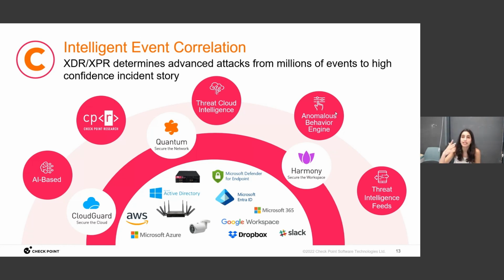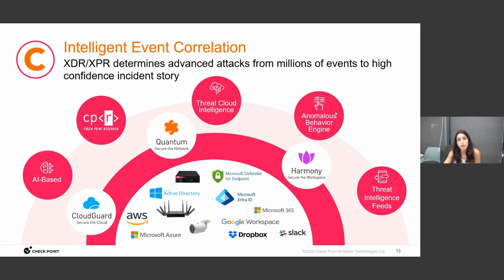So XDR is like the second layer of prevention, but adding to that an AI-based engine, the enrichment we get from all the research we are conducting, the powerful ThreatCloud intelligence, which is the Checkpoint brains and what we are really all about in terms of enrichment and understanding of indicators from what we see as a vendor that serves so many customers.